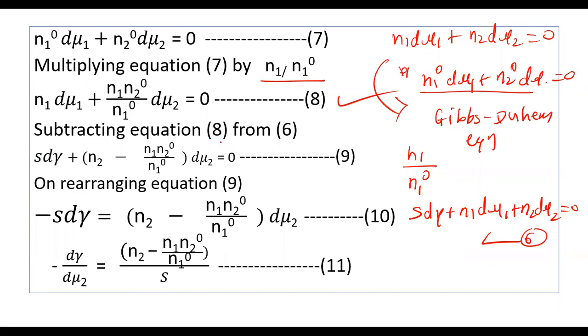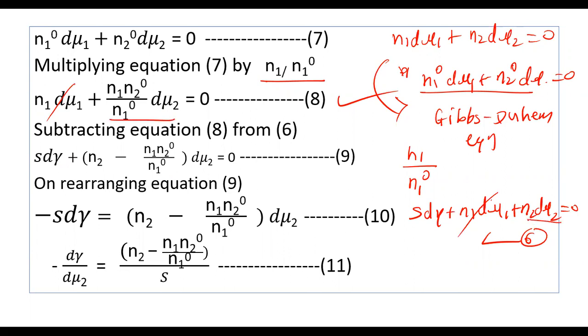So subtracting equation 8 from equation 6, now what will get cancelled? This N1 d mu1 and N1 d mu1 get cancelled here. So what are the remaining terms? S into d gamma, then the terms containing d mu2.